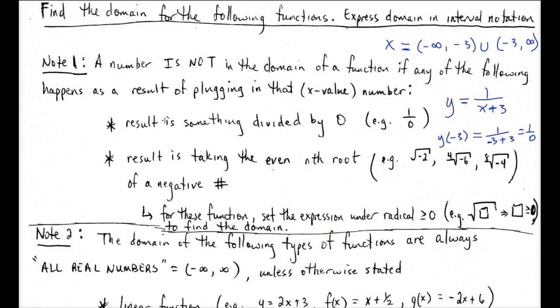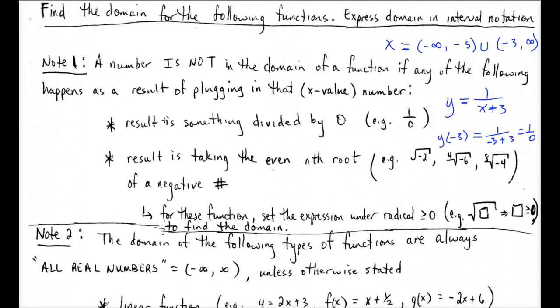And so to be clear, what we mean when we say the domain of a function, we mean the values of x, quote unquote, values of x that are valid for the function. Meaning, if I plug in a value of x that is a real number and I get out a value that is a real number, then that x value I plugged in is in the domain of the function.